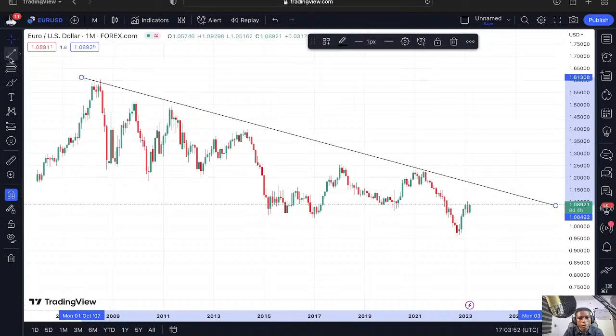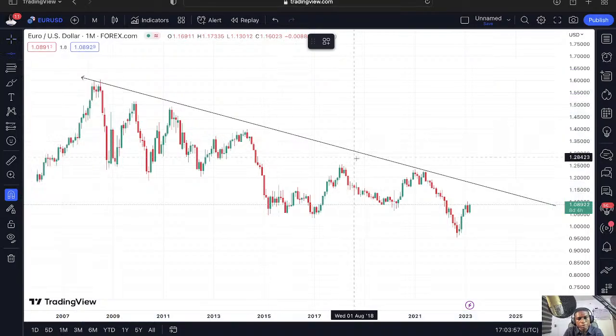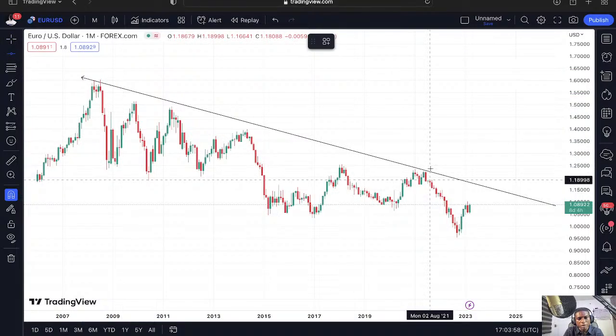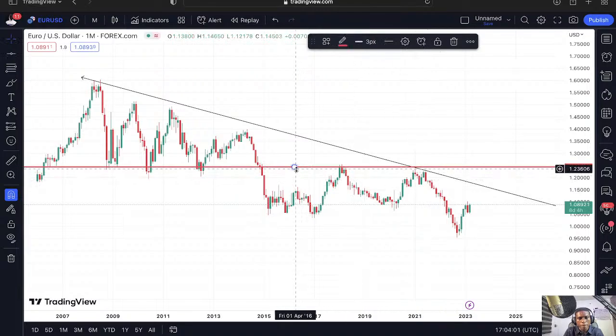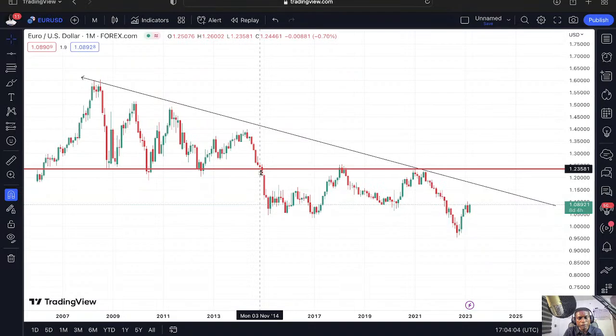Here we can see mapping out levels of support and resistance, where we anticipate that, okay, if price gets to it, there will be a turnaround and the likes.